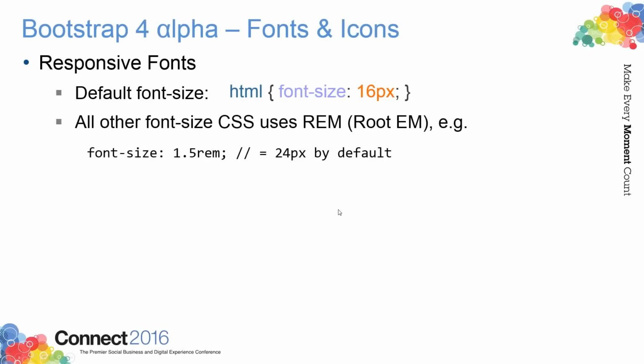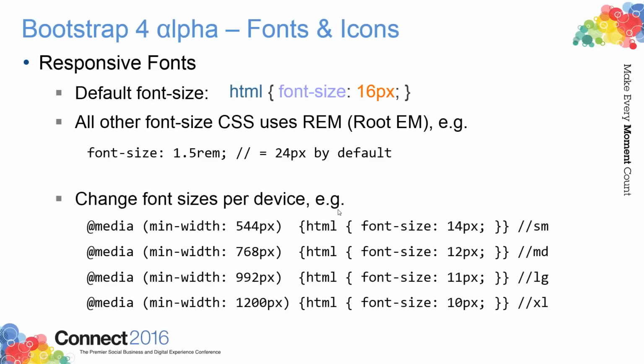The next change in Bootstrap 4 that is quite interesting is the responsive fonts mechanism that they've added. So in Bootstrap 4, the default font size is 16 pixels, and that is only specified on the HTML root element within the CSS. Everywhere else in the Bootstrap 4 CSS, they're in fact using these rems, which are known as root EMs.